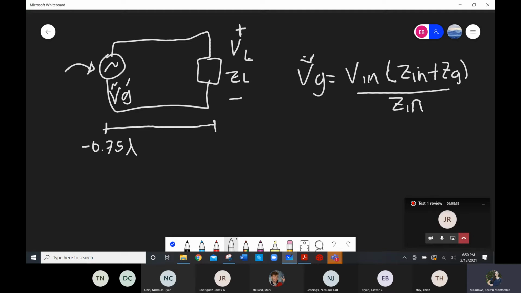Okay, so let's simplify this formula a little bit because like I said before, we don't have ZG. So if this guy goes to 0, then I have V in times Z in over Z in. And something magical is happening here. So what is VG?